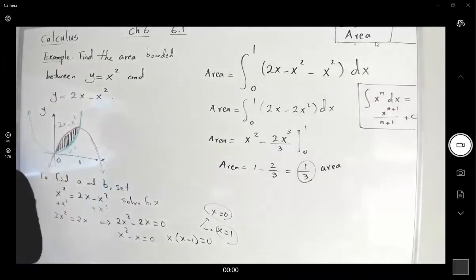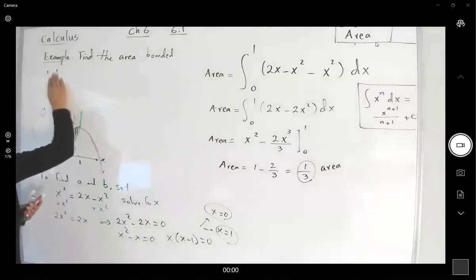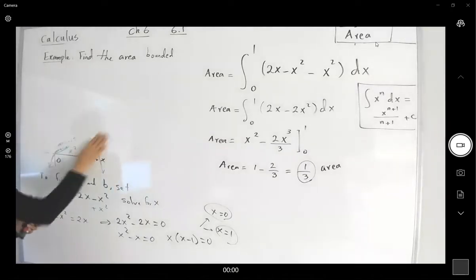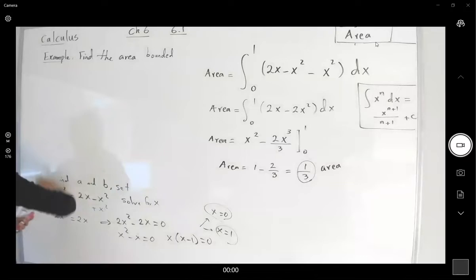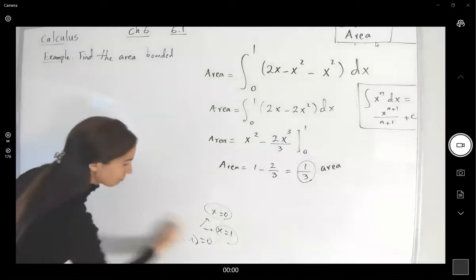Very well. Now we're interested in finding the area bounded between 3 functions. Okay.